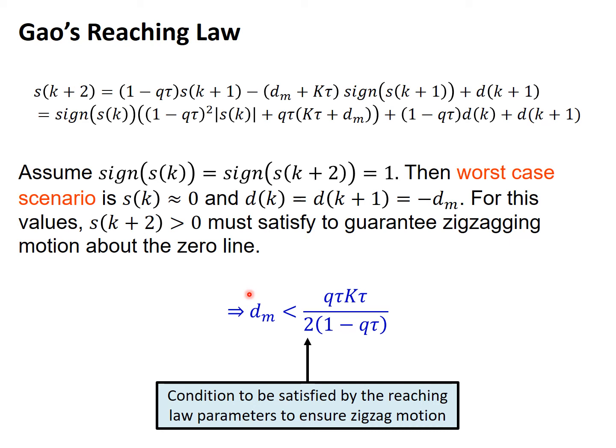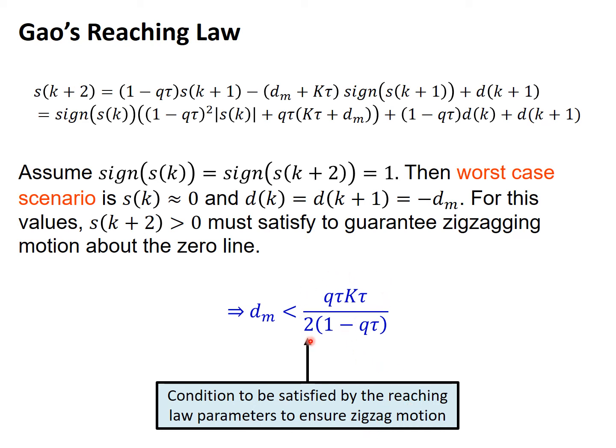Okay, so dm can have any value, but whatever value dm will have, your q tau and k tau must together satisfy this condition, that q and k must have such values that this particular expression is greater than dm. That is what the condition on the parameters is.